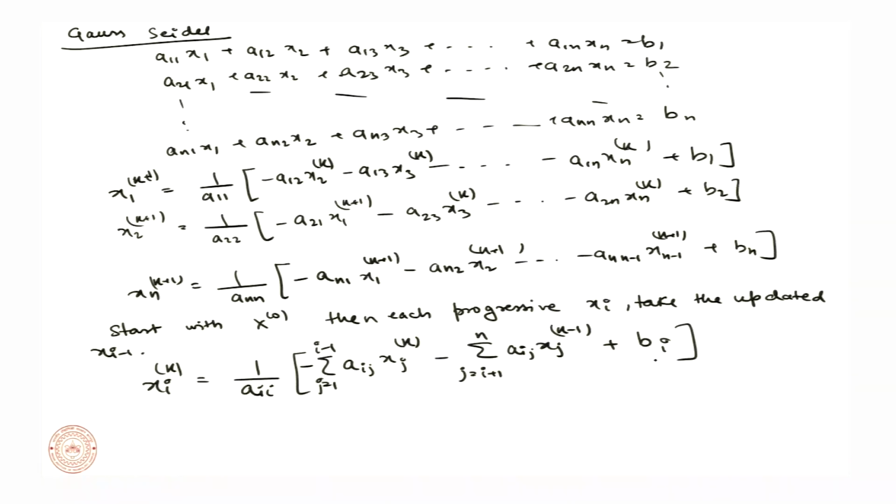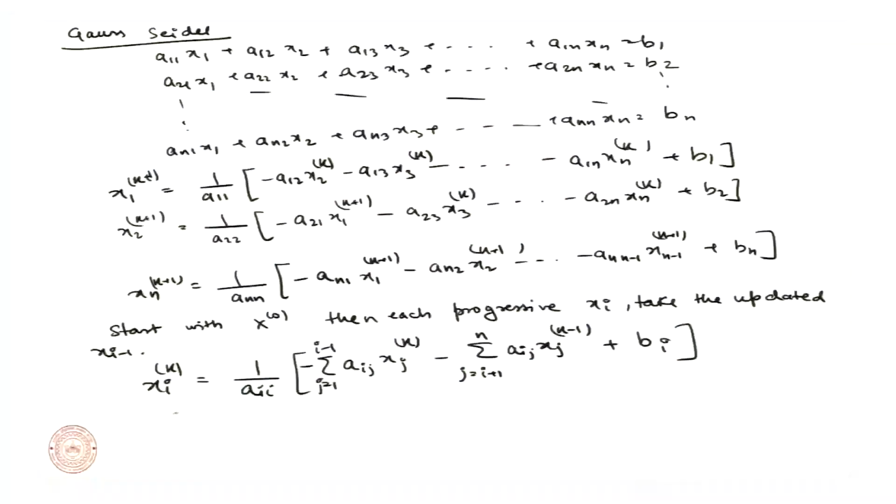Okay, this makes sense. So what we have done is taken the updated values for i minus 1, and then taken the guess values, or the last iteration values, for the ones from i plus 1 to n.